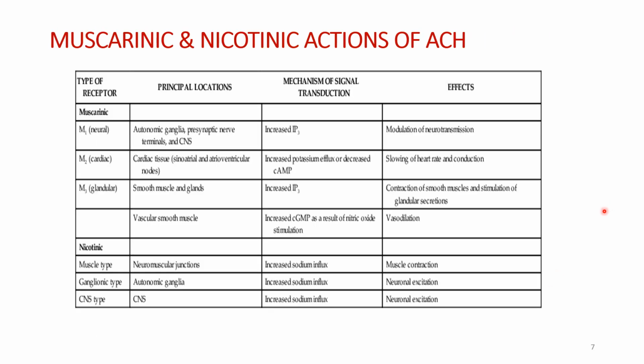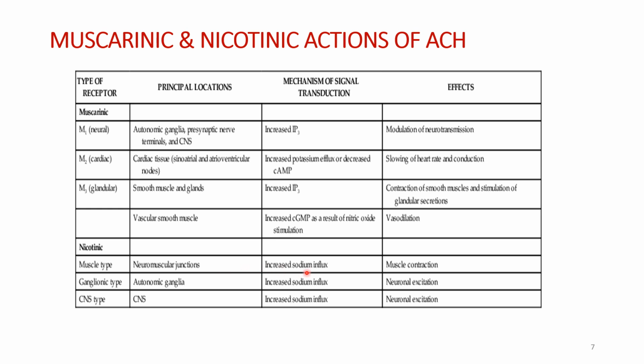See the muscarinic and nicotinic actions of acetylcholine. Where are the nicotinic receptors present? They are present at the NMJ, the neuromuscular junction we have discussed. They are on the postsynaptic membrane at the neuromuscular junction, on the skeletal muscle fiber.